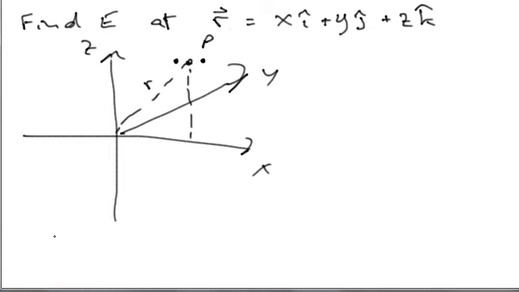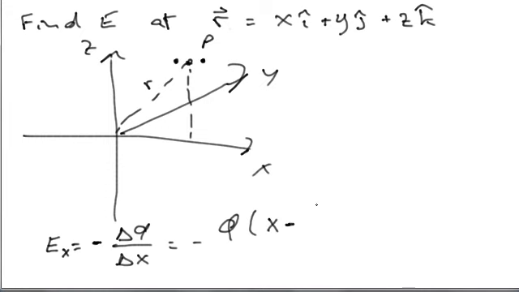So I'll get e sub x is minus delta phi divided by delta x, which is minus phi at x minus a little bit.